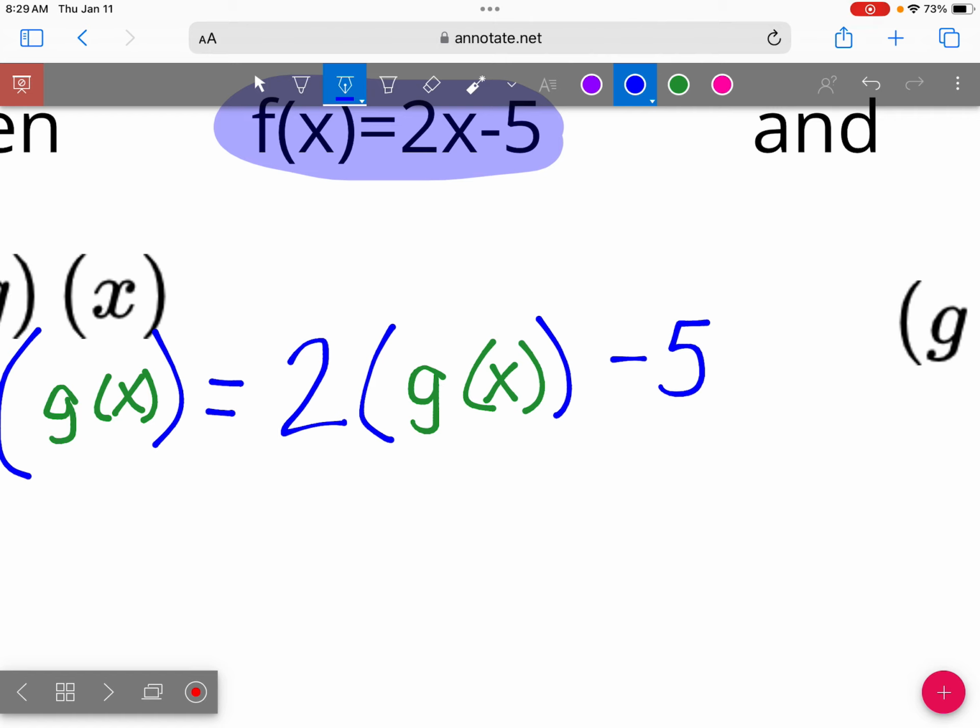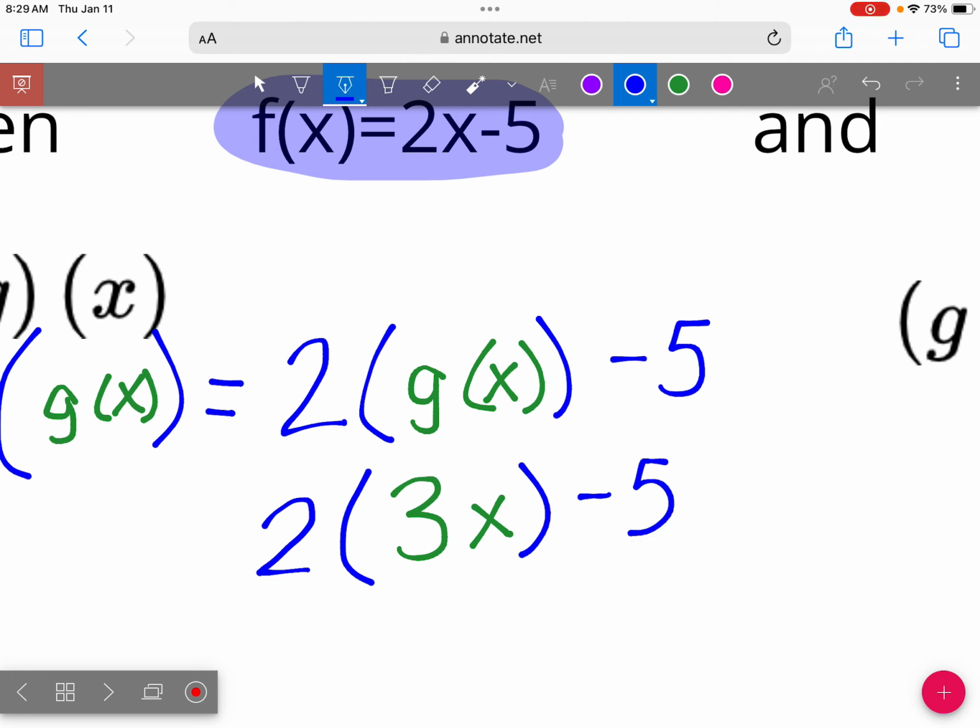So we're going to have 2 times, and I'm going to put my function rule for g of x in, 3x, minus 5. So you see how f of x has looked at g of x and gone, nom, nom, nom, boop, now you're inside. And it ate it. We're putting that 3x in place of this x here. And the 3x went right in that little spot. Took its home.